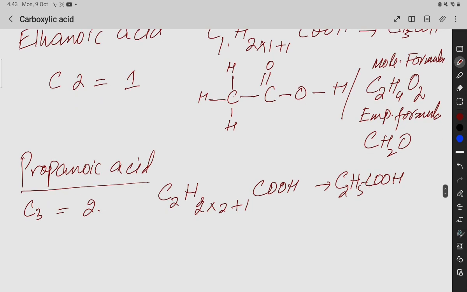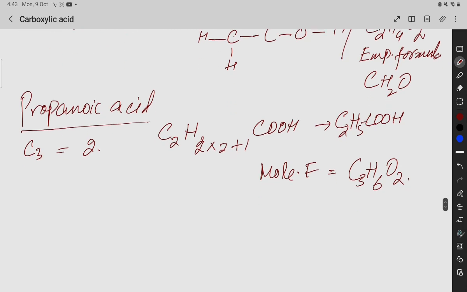Now 2 carbon, 1 carbon is there, and molecular formula will be C3H6O2, ठीक है, and the empirical formula will be same, क्योंकि इसका simple multiple हो ही नहीं सकता, तो empirical formula will remain same, C3H6O2. Is that clear? Yes.